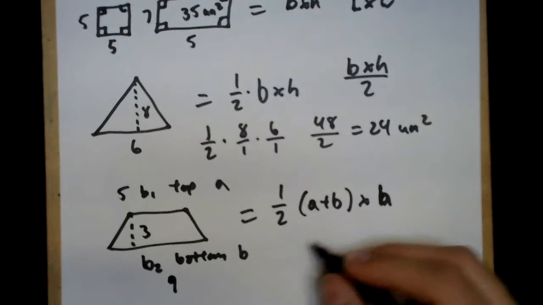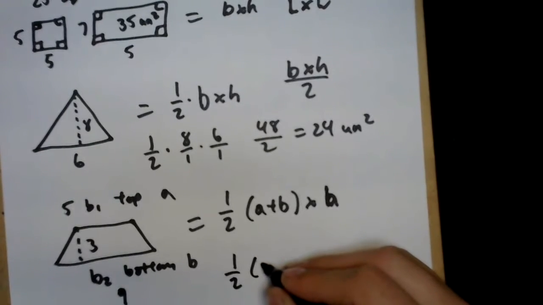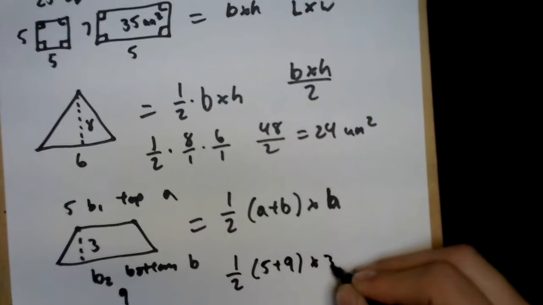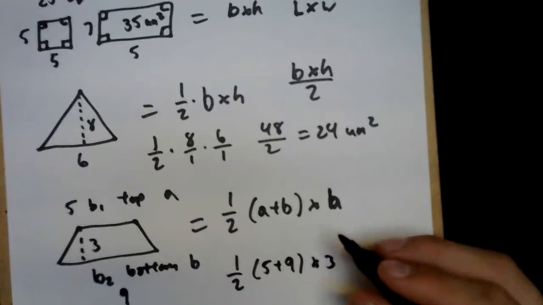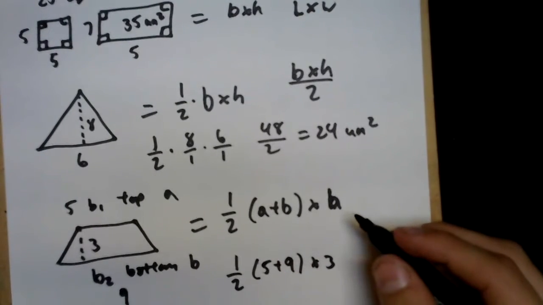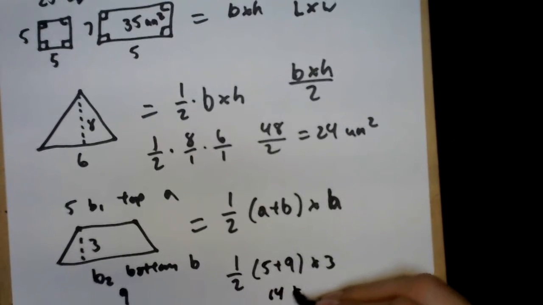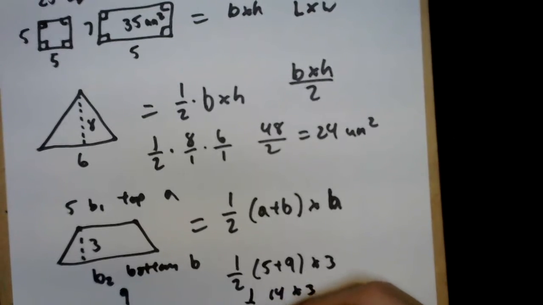So, once again, you plug it in: 5 plus 9 times 3. Remember, order of operations, you have to do the stuff in the parentheses first. So that is 14 times 3 times a half.